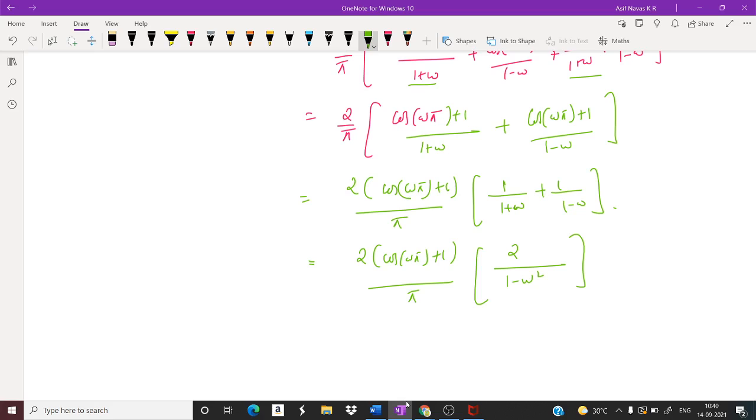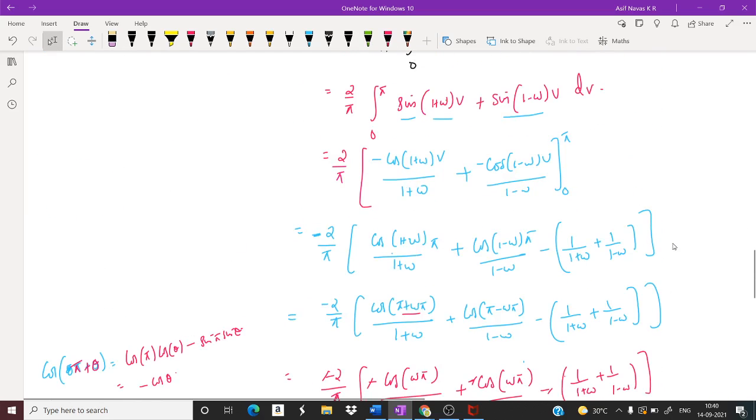Okay, there is a 1 by 2 missing, right? We missed a 1 by 2 somewhere. Sir, when we substituted the equation, the 1 by 2 was not put in. Okay, okay. Here, right?